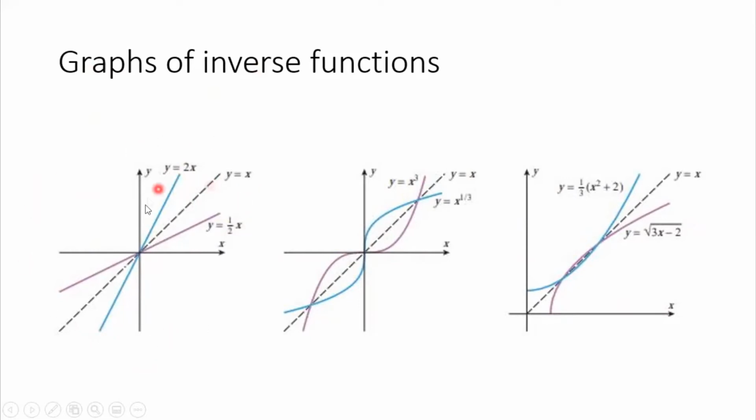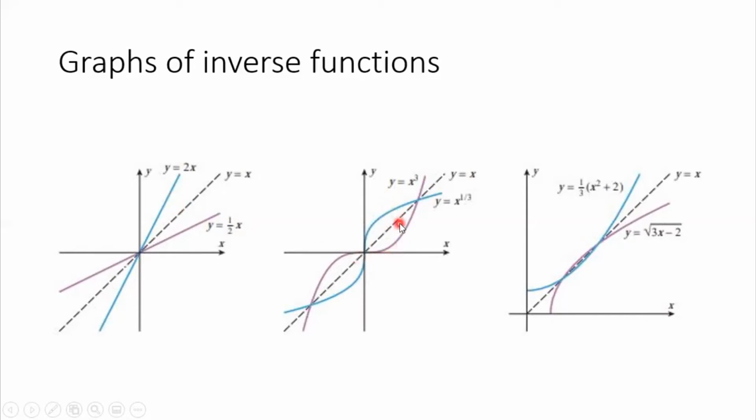We clearly see that the graph of 1/2 x is a reflection of the graph of y is equal to 2x. You just pick one point on this graph, then measure the distance from this point going to the line y is equal to x, and that distance must be equal to the distance from the line going to the point on y is equal to 2x.